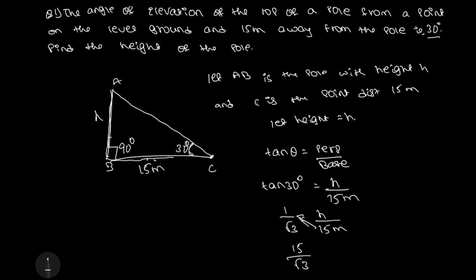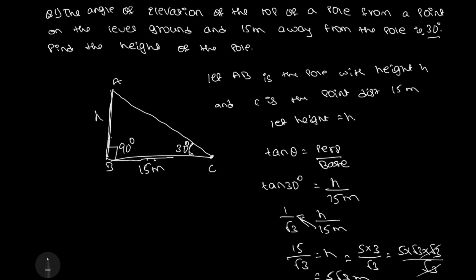We'll get 15 by root 3 is equal to h, and we know that 15 can be written as 5 into 3 by root 3. This 3 can be written as 5 into root 3 into root 3 by root 3. This gets cancelled. Here we'll have 5 root 3 meters.